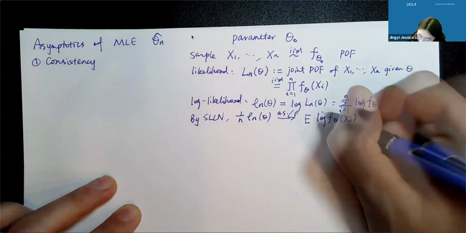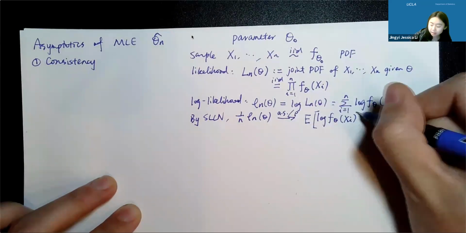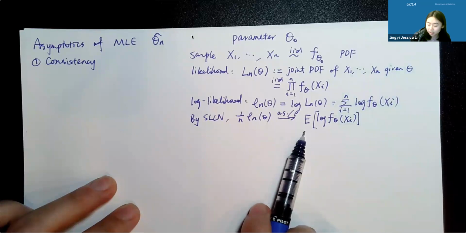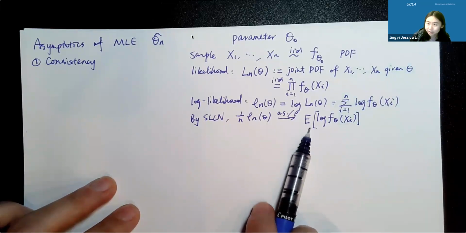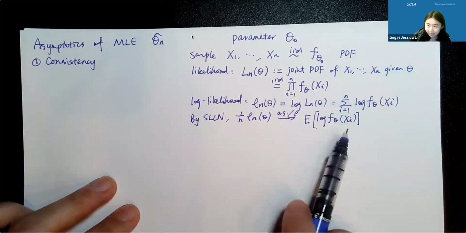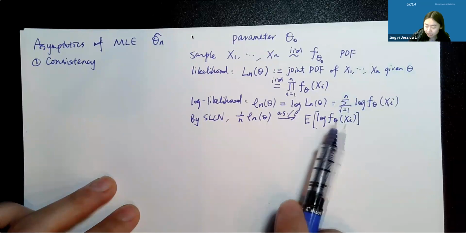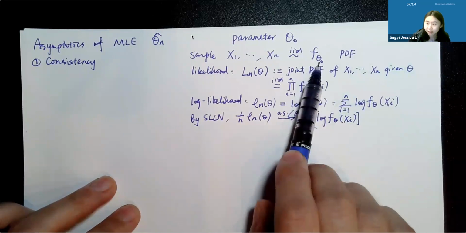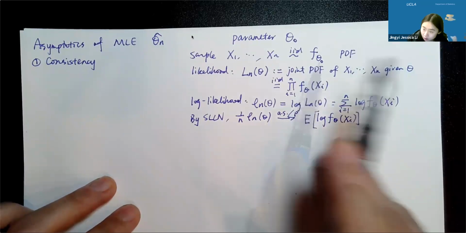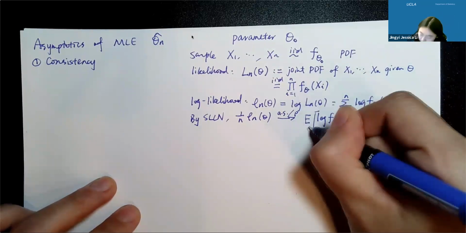But one thing I need to be very clear about is what this expectation is taken with respect to. It's based on the true distribution of xi, and that true distribution is based on the true parameter value theta 0. So I need to put theta 0.